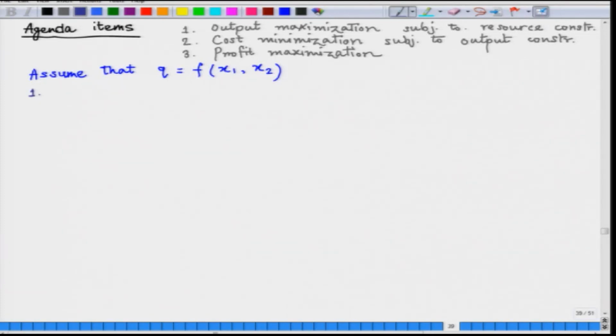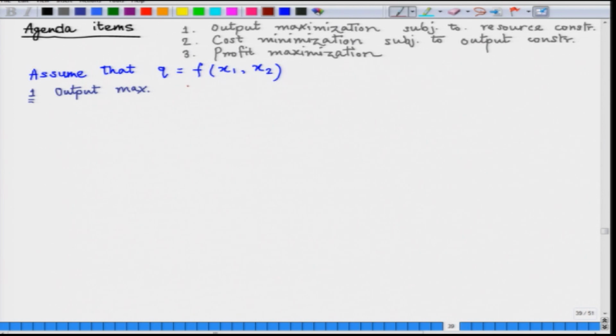So, we are going to work with the problem number 1, which is basically output maximization. Now, in this problem, let us assume certain things.